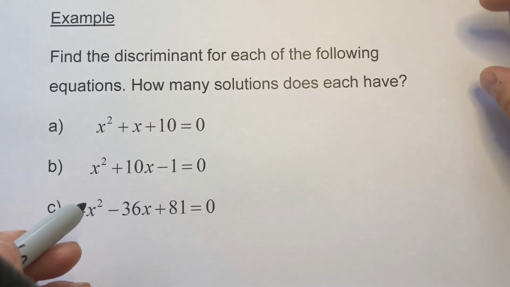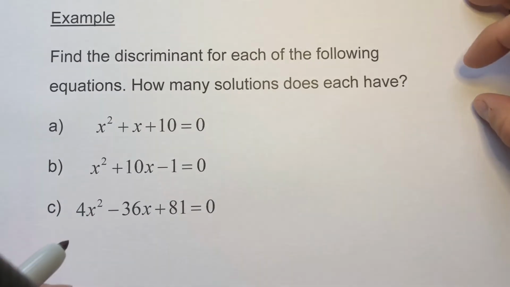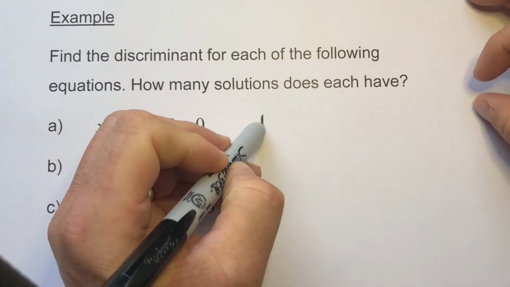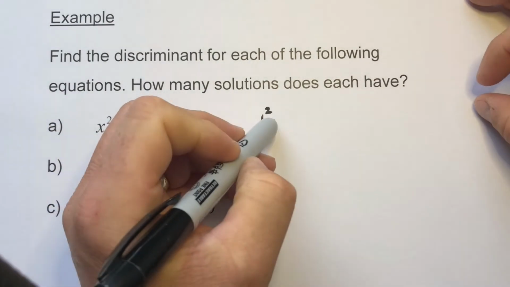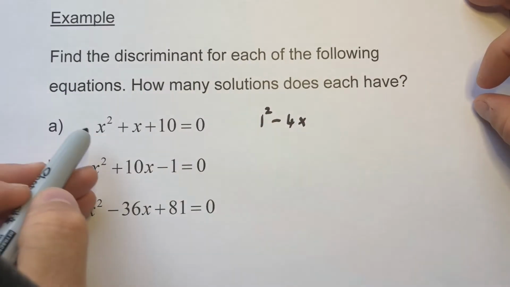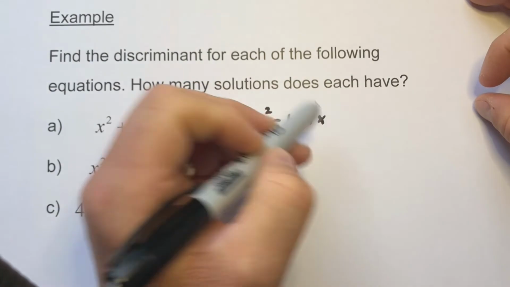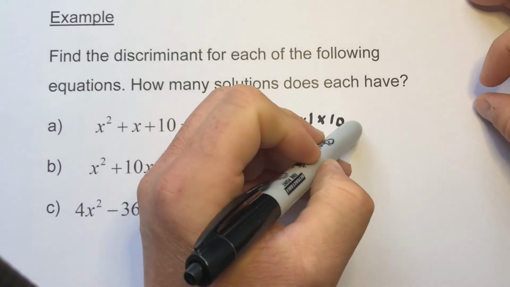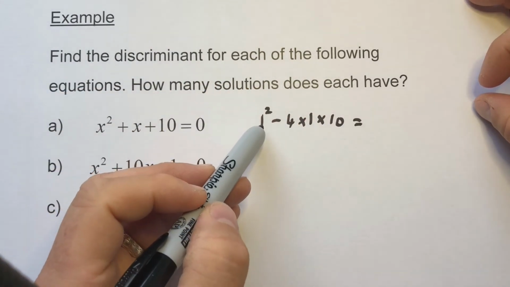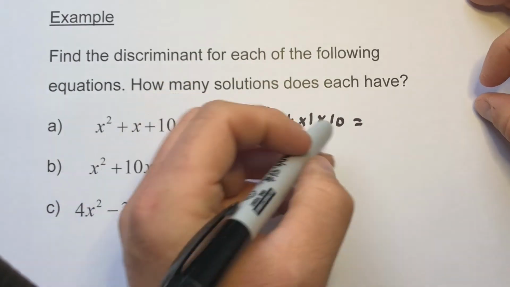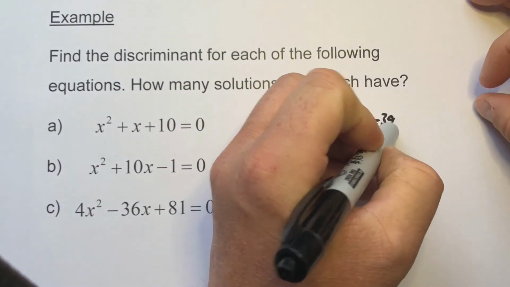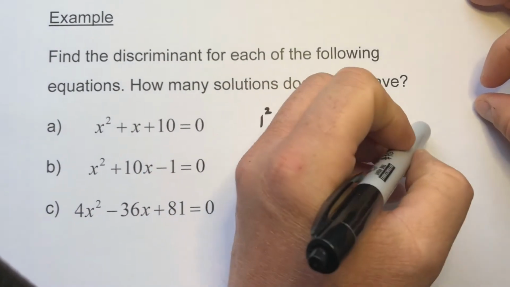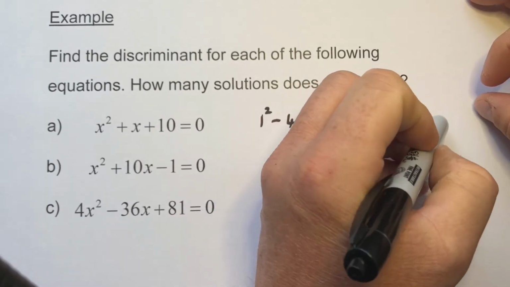So if I look at just b squared minus 4ac, just look at the discriminant. So b squared, 1 squared, minus 4 times a is 1, times c is 10. So we've got 1 take 40, we've got minus 39. So in that situation, we have no solutions.